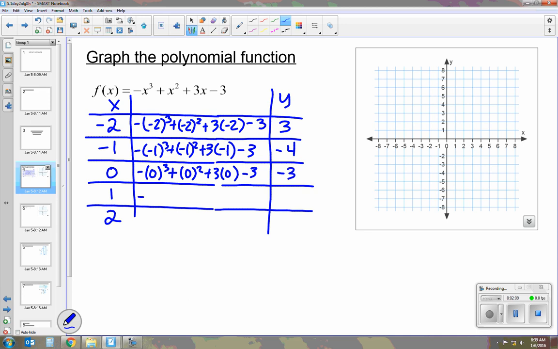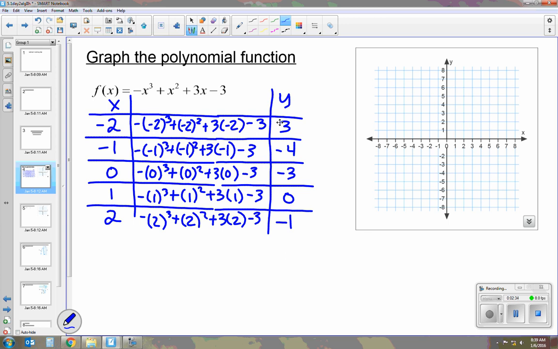Plug in 1. That gives us a 0. And the last one, we're going to plug in 2. And that gives us a -1. So we're going to graph these. We're going to plot them on the graph.